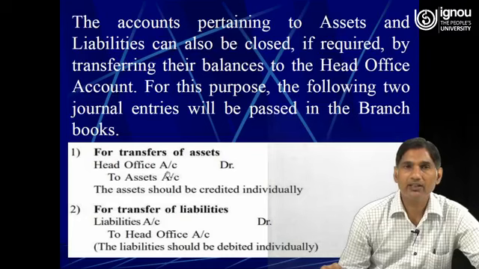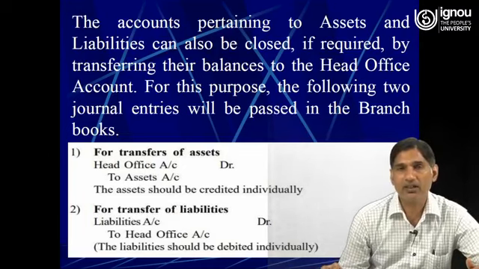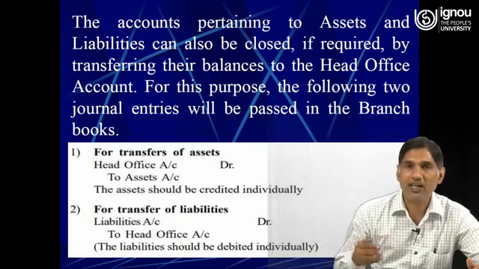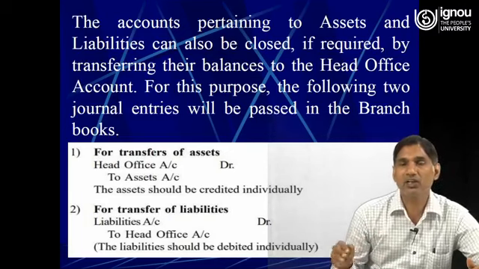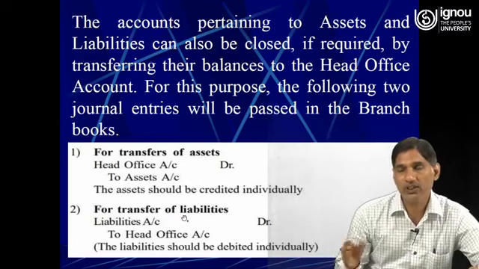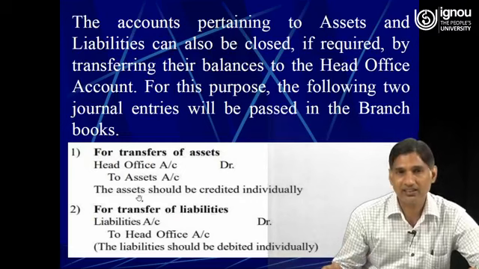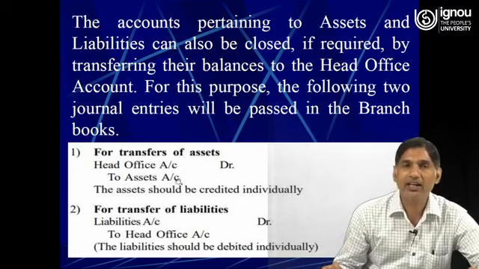So here the journal entries are being prepared in the books of the branch. When the assets are being transferred by the branch, it means assets are going out. As per the rationale of the real account, debit what comes in, credit what goes out. Here the assets are going out from the branch, therefore the assets account has been credited, and head office is a personal account.